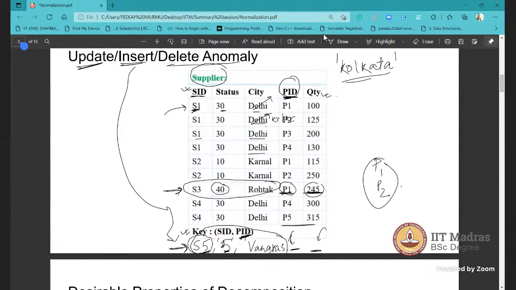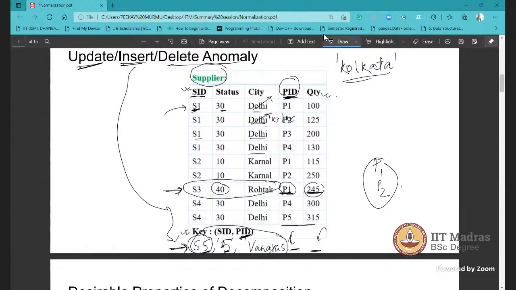No, I said if you miss out this particular value during update, then it will create inconsistency in the database, right? You manually do it row-wise. Suppose you do row-wise updation, where S1 is not for the ideal case.